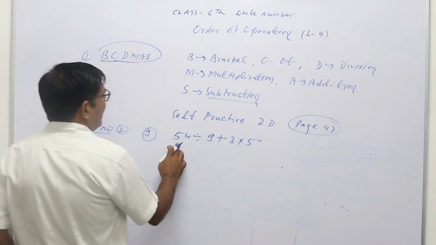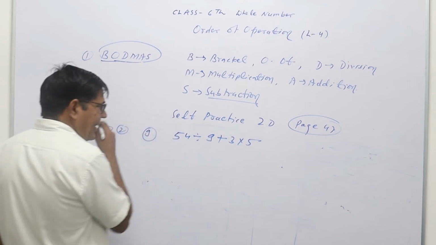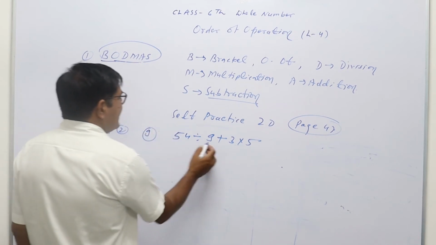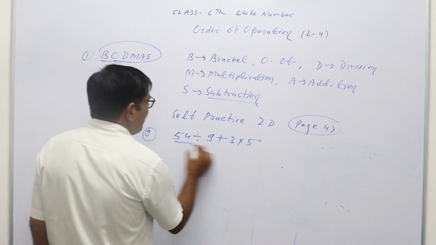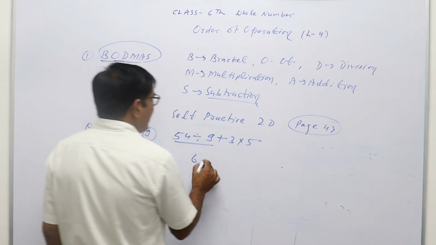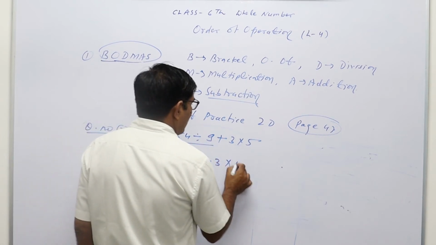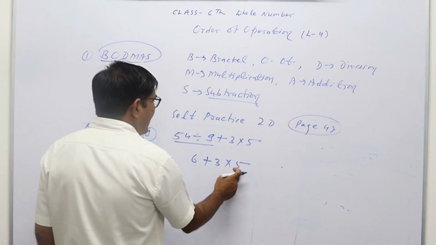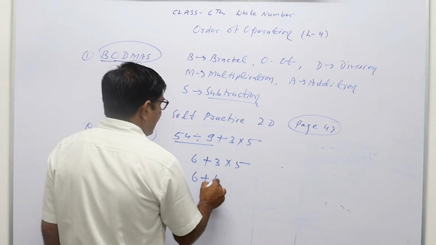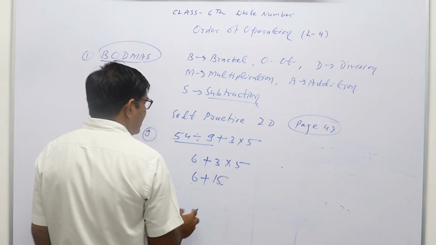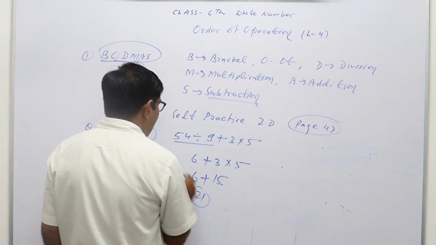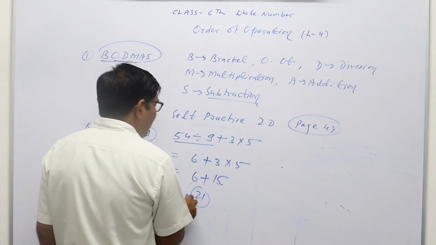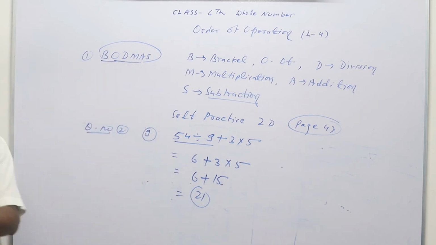So first we will divide 54 divided by 9. 9 sixes are 54. So this operation first, we will do 6 plus 3 into 5. Now addition and multiplication. So first we will multiply 3 into 5, that is 15. Now 6 plus 15, that will be 21. So in this way we will solve this type of expression.